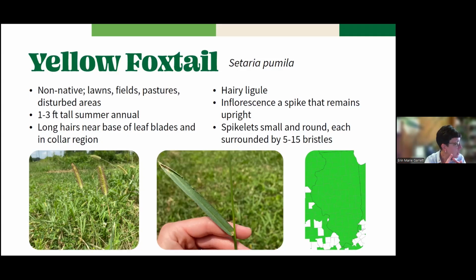There's another foxtail that's supposed to be really common, which is green foxtail. Those spikelets are supposed to have just a few bristles on them, like the giant foxtail. I've never seen it, so either that characteristic differentiation isn't accurate or it's super common and I've just never seen it. But I note green foxtail because yellow and green, those colors don't mean anything.